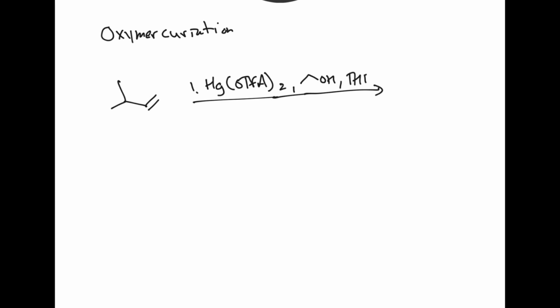And usually you have THF as a solvent. Use sodium borohydride and hydroxide. And here you don't make any carbocations, so you're just able to add your oxygen to the most substituted carbon of your double bond. Bless you. Upside, no carbocation rearrangements. Downside, mercury kills you. Yeah, trade-offs. But it didn't rearrange, so hey, can't complain too much. Okay.